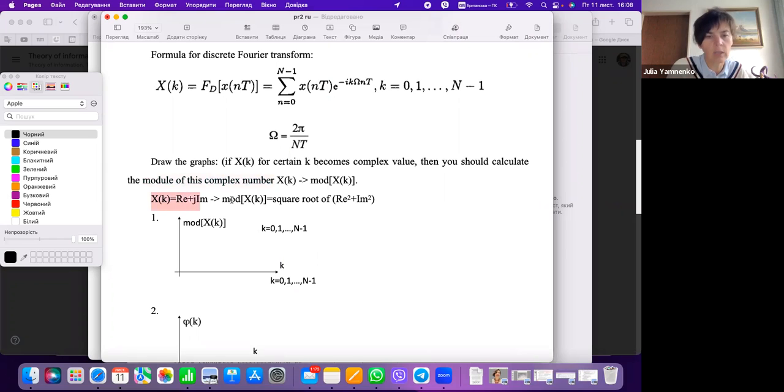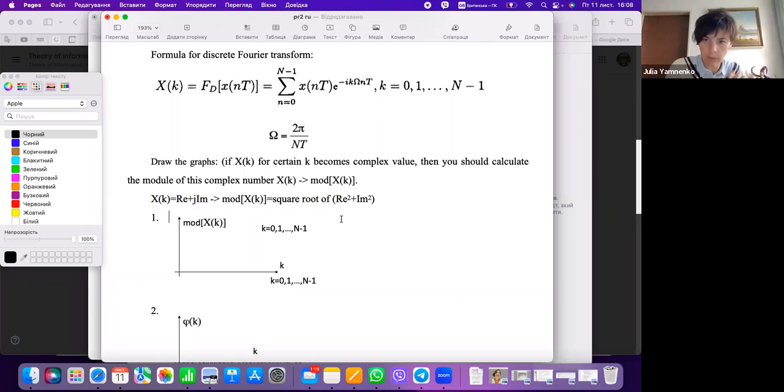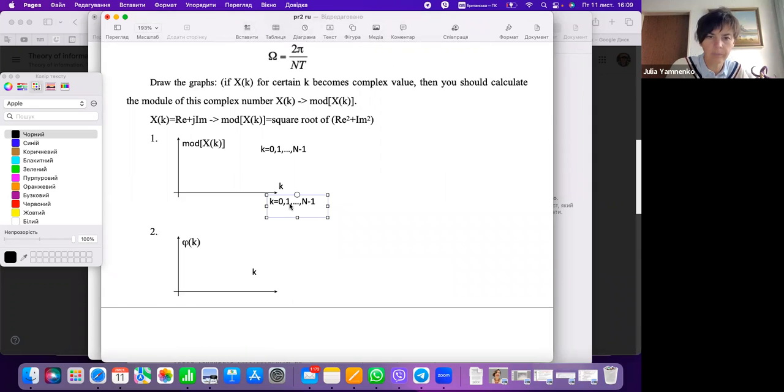I'm not writing it like an equation, but I just write it down like a text: square root of this expression. And you calculate these 5 values and put them on the graph here, for k equal to 0, 1, 2, 3, and 4.